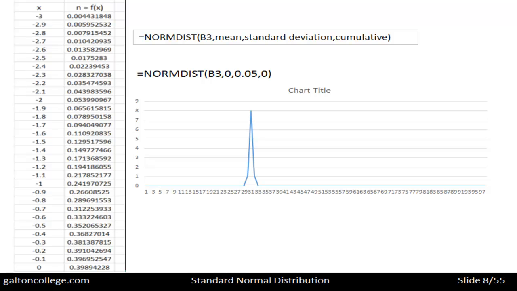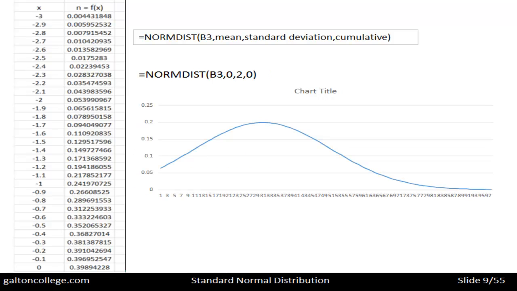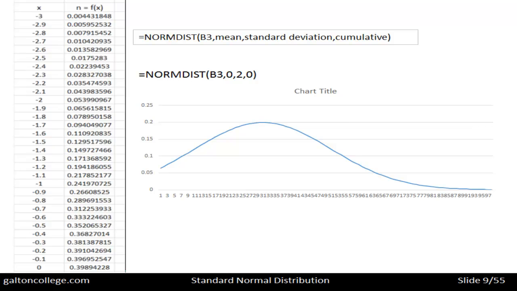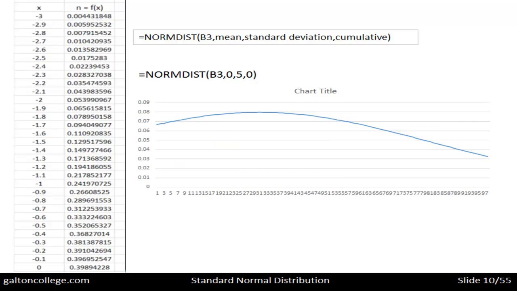So if we move from 0.05, for example, to 2, it's almost not recognizable as a normal distribution. It's just a curve that's very wide. Compared with 0.05 standard deviation, much focused. 2, much wider. If it goes to 5, it's not really recognizable as a normal distribution at all.